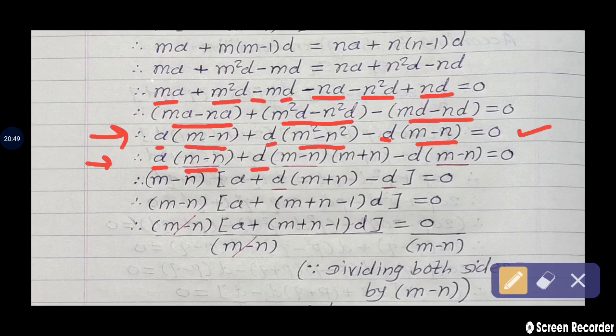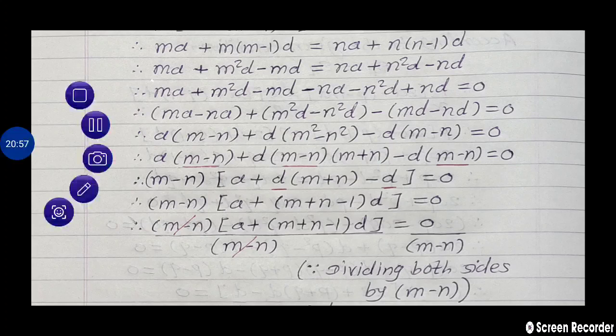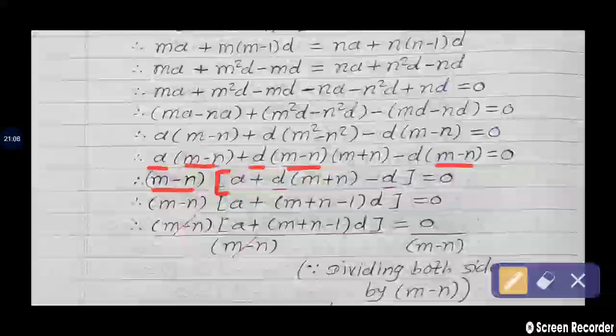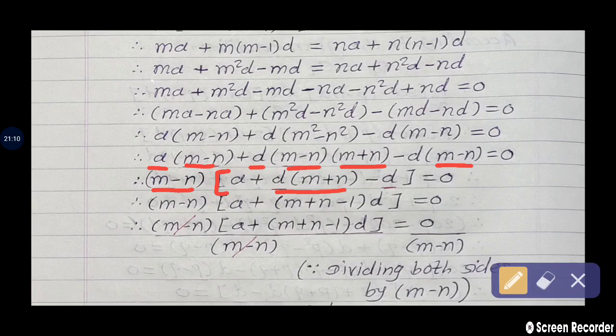So m minus n multiplied by m plus n, minus d in bracket m minus n. Now check carefully. m minus n is common in all these three terms, so we write it only one time. In bracket a minus d into m plus n, that is the middle term, and at the last minus d.